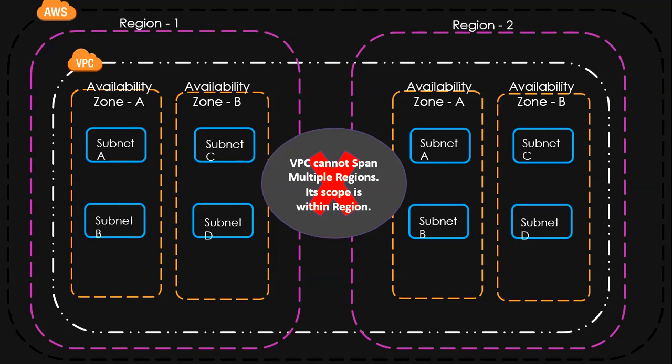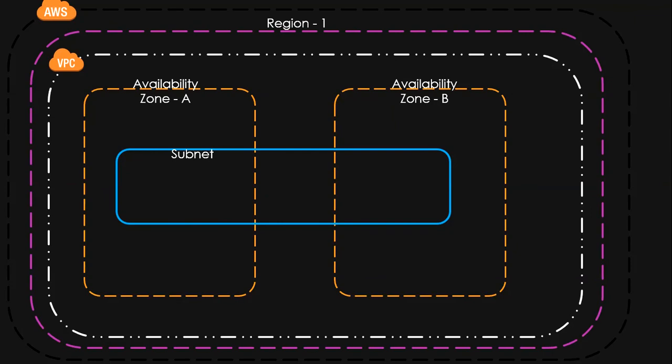Further, if I go to the next one, here I made a region, a VPC with white dotted lines, and I have two availability zones, and inside the availability zones I have a subnet. This subnet I showed you is spanning between availability zone A and availability zone B. Again, this is also not allowed.